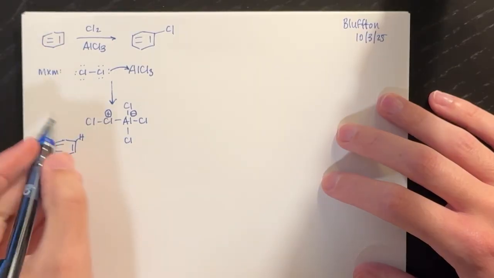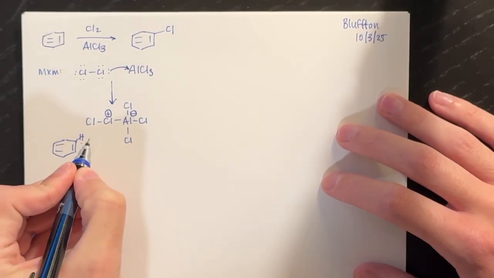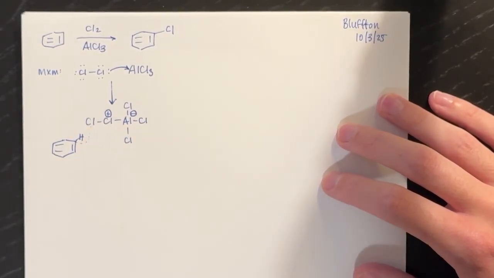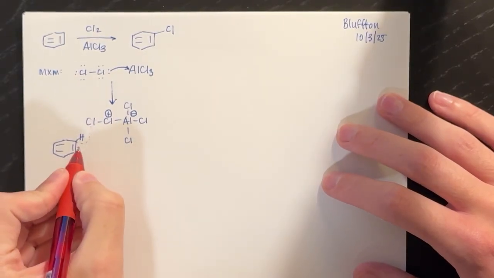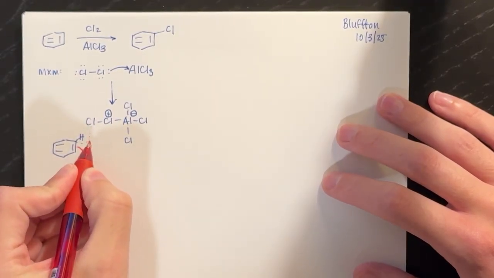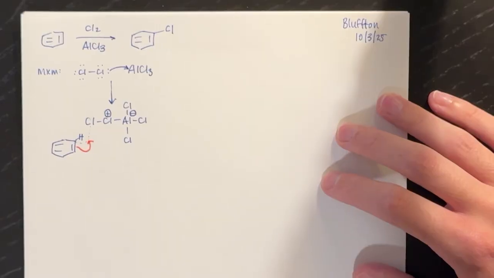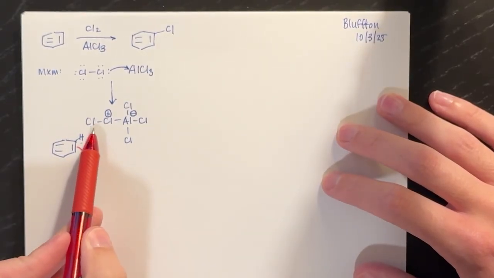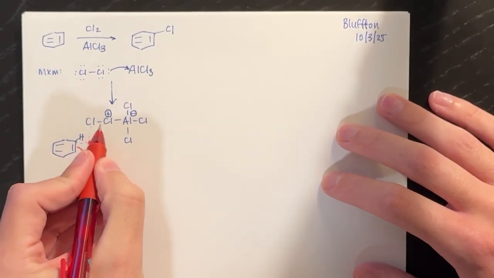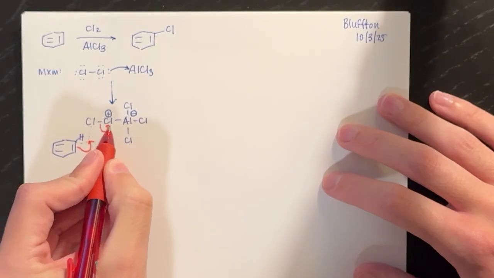So the bond that we're going to form is going to be between that carbon and the chlorine. Electrons are going to come from that pi bond, and then the electrons between this chlorine-chlorine bond are going to go here.